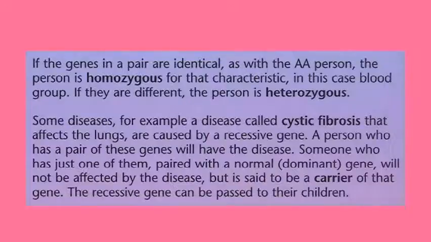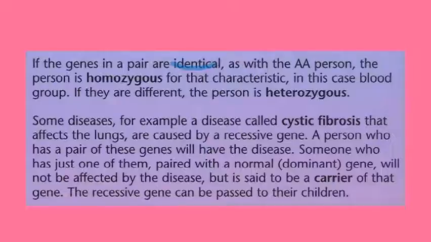If the genes in a pair are identical, as with the AA person, the person is homozygous for that characteristic. In this case, the blood group. If they are different, like the one that was AB, the person is heterozygous, whatever that might mean.